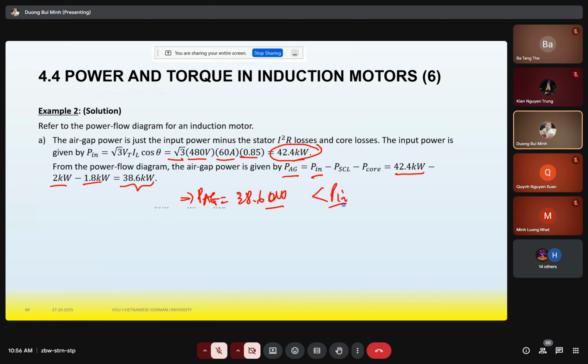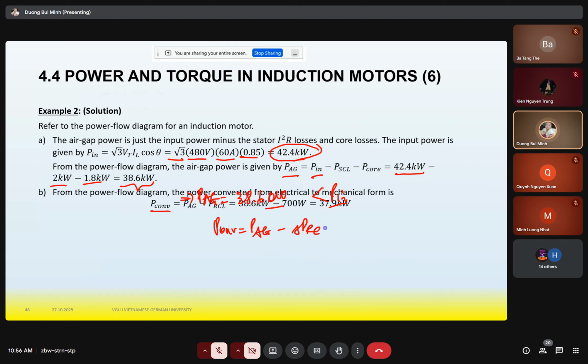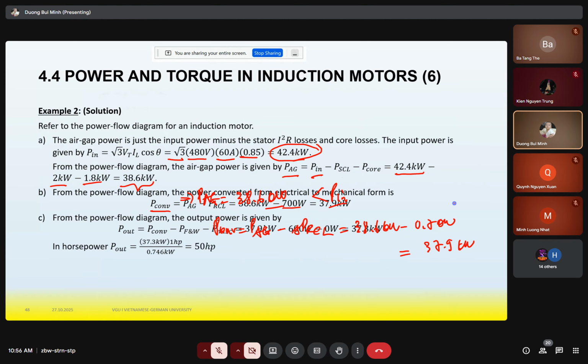Next one, P convert. P convert is P AG minus delta P RCL. We already know delta P RCL. So this is 38.6 kilowatts minus 0.7 kilowatts, and you get 37.9 kilowatts. And we also calculate P out, I mean the output power.